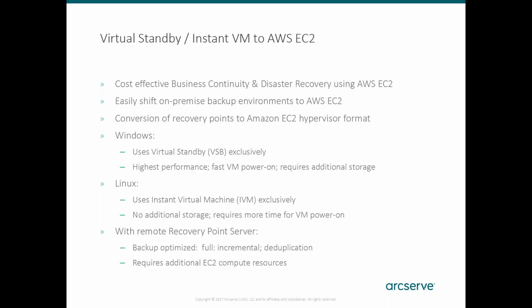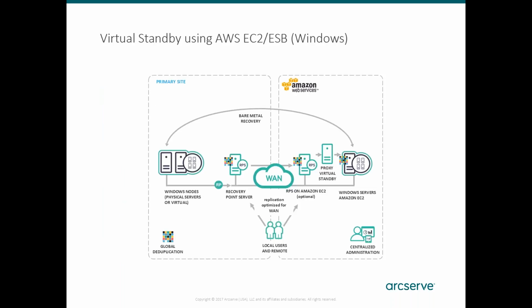That's basically the functionality here, and I think it's best explained with a diagram that walks you through how exactly this will work. In the case of virtual standby, that's part of a plan. Ideally, you would have a second RPS running inside Amazon. And if that's the case, then obviously the replication from the first RPS, which is in your primary site and receives the backup, to the second one is always optimized for WAN.